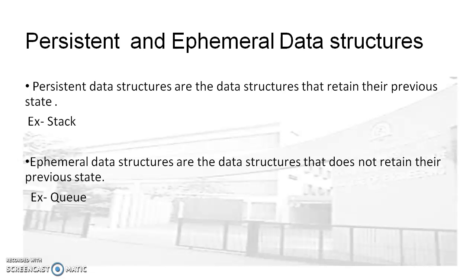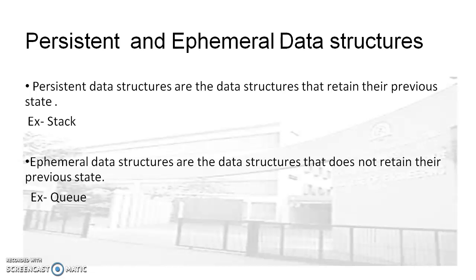Then there are persistent and ephemeral data structures. Persistent data structures are the data structures which retain their previous state. Say whenever operations are performed on the data structures, whatever states are undergone by the data structures come up again in the life cycle of that particular data structure. So that is called a persistent data structure. The classic example of a persistent data structure is stack.